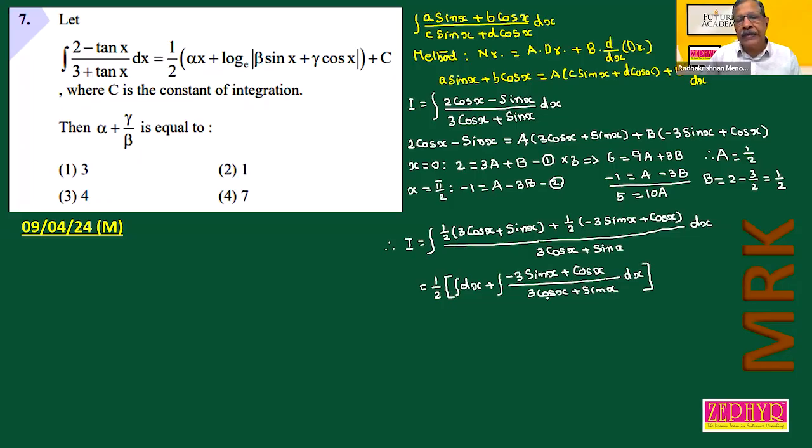Here, the numerator is exact derivative of the denominator. The formula: integral f dash of x divided by f of x dx equal to log mod f of x.